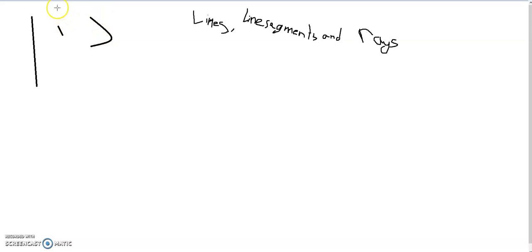But that's not what a line is. This is a curve. This is a curve. It's not straight.